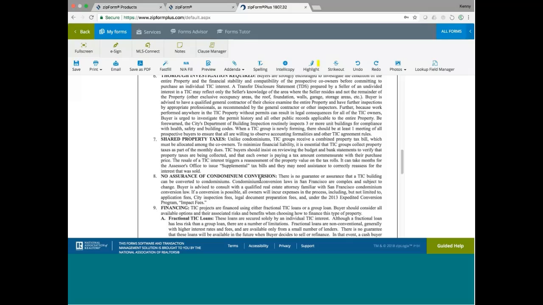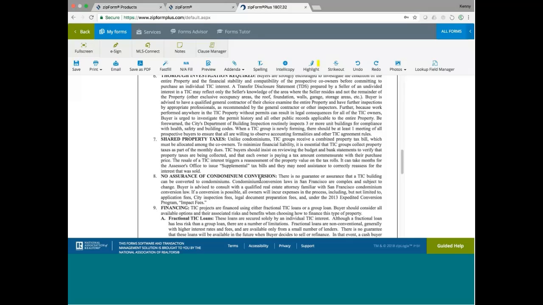Now, the advantage of TIC is that they just need to pay a fraction of the interest. Generally, property that is made up of TICs is priced lower than properties that have been converted to condominium.